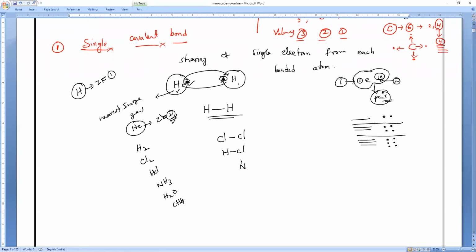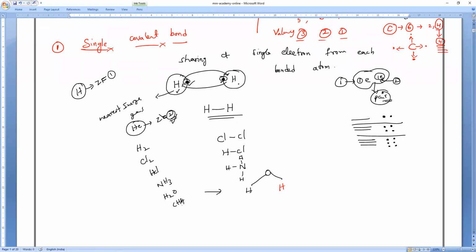NH3, ammonia, hydrogen with nitrogen. Hydrogen with oxygen by a single bond. So with a single bond, how many pairs of electrons? Single pair of electrons.